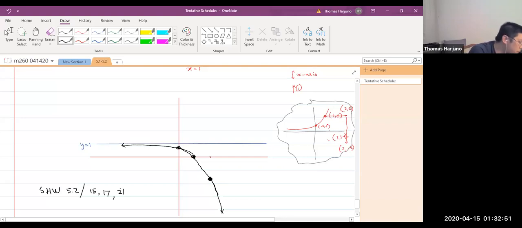And then for 5.1, you have a lot more that you need to do. Basically, number 3, number 31, and then 39, 41.